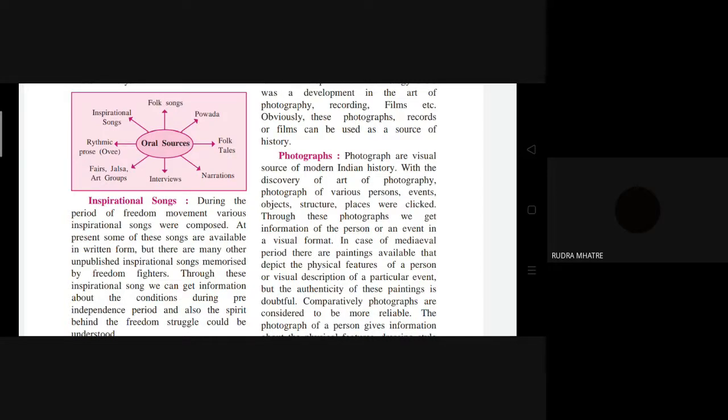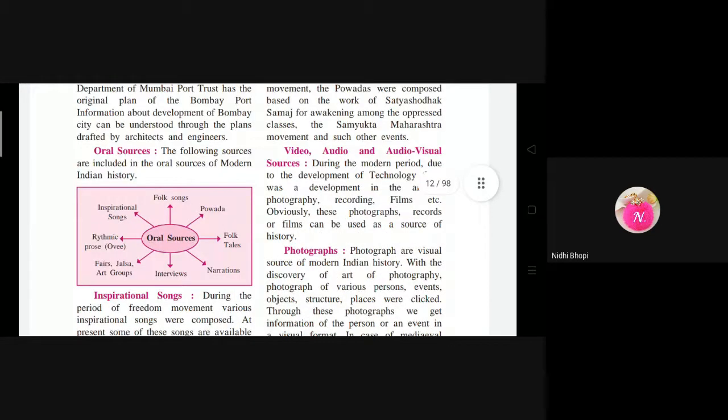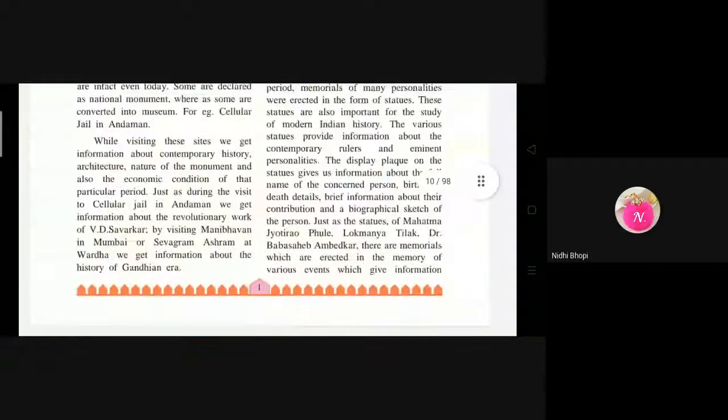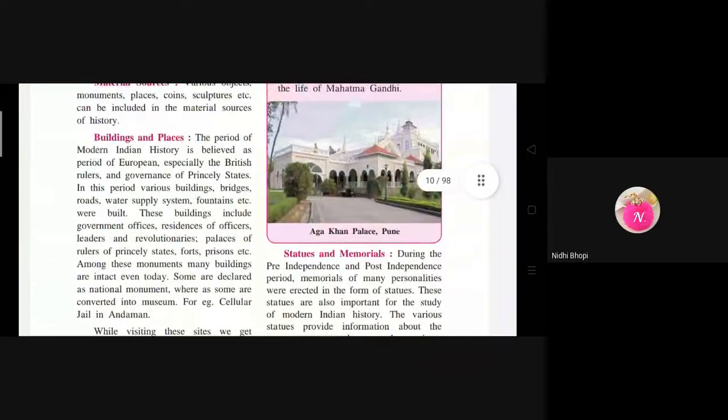Yes, ma'am. Povada is a dramatic narration by alternately reciting poetry and prose. It is a source to get information about a historical work of a person or event.